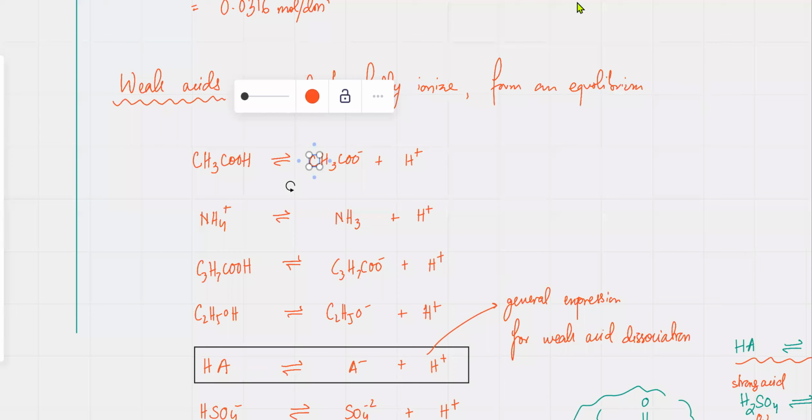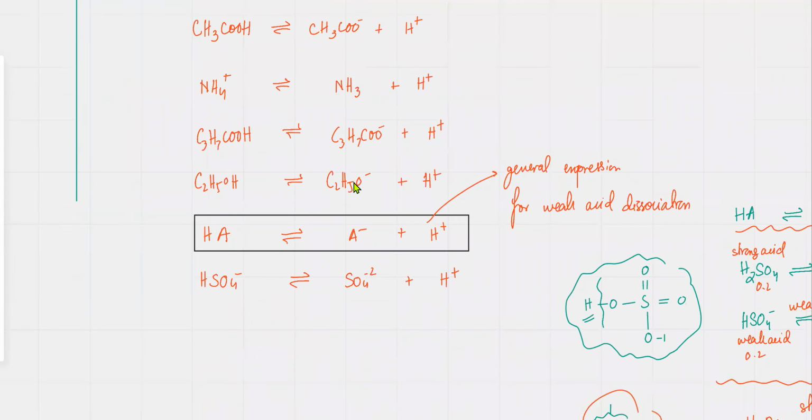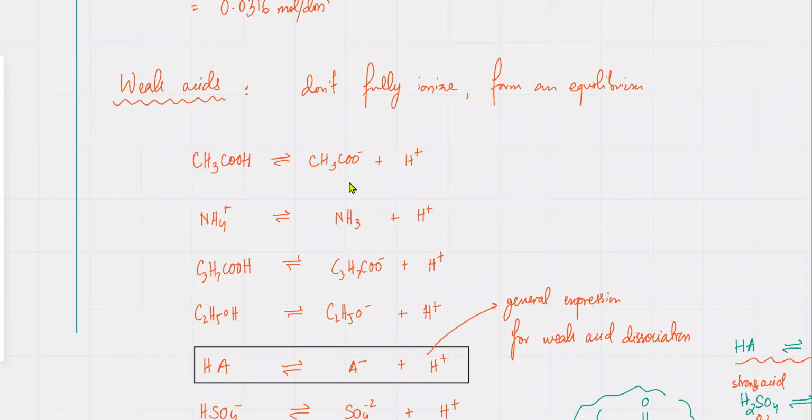So very few molecules actually end up ionizing, and in that case, everything would depend on the equilibrium constant, like how much it ionizes. Equilibrium constant is the ratio of the concentration of the products and the reactants.